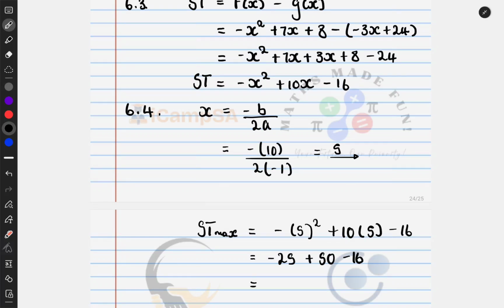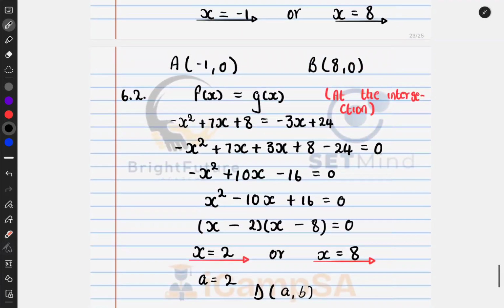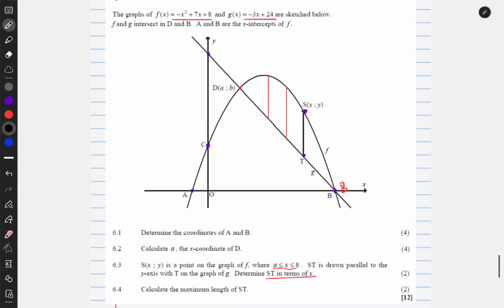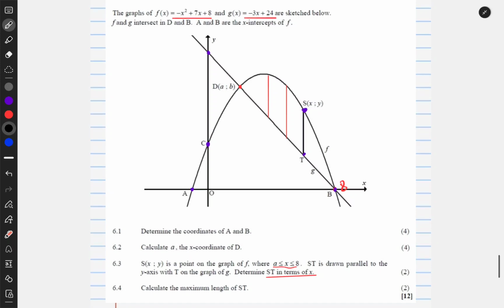So minus 25 plus 50 is positive 25. So 25 minus 16, that should be 9 units. That's the maximum length. It will be 9 units, and that marks the end of this video.